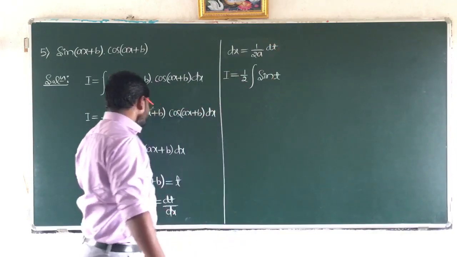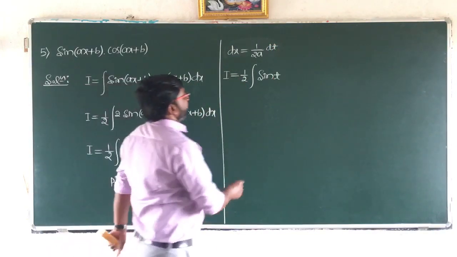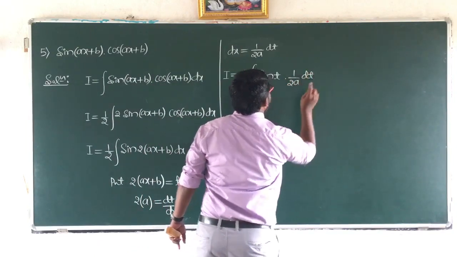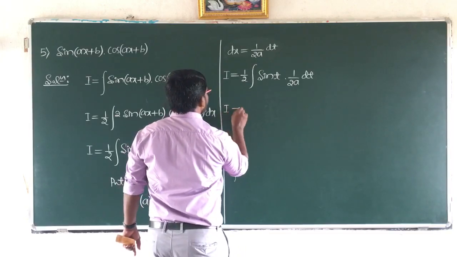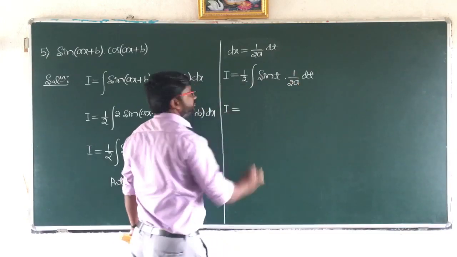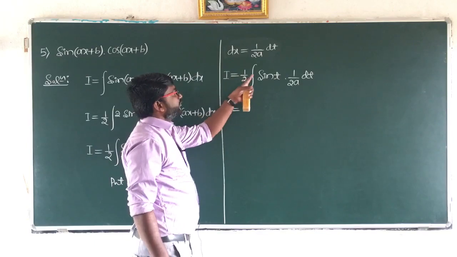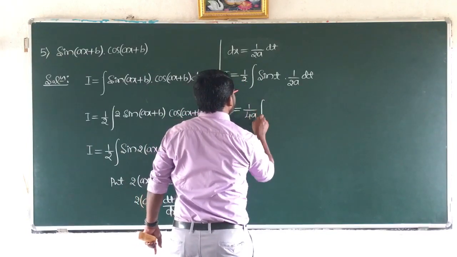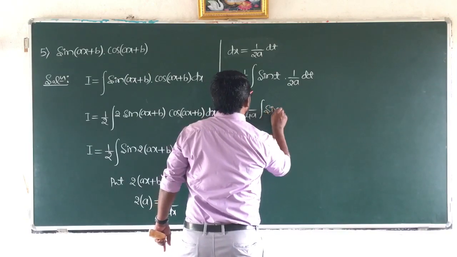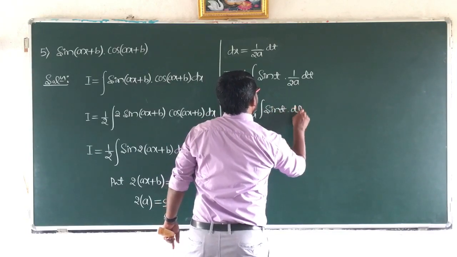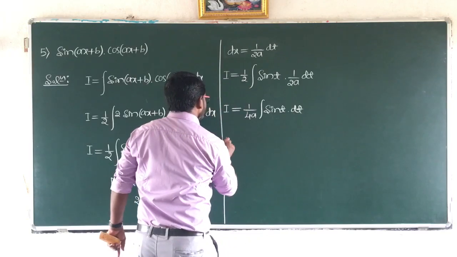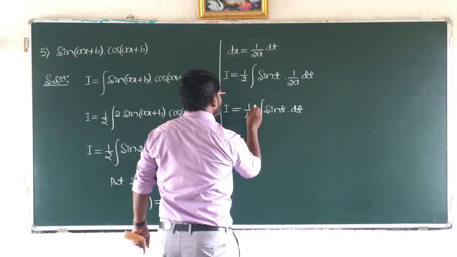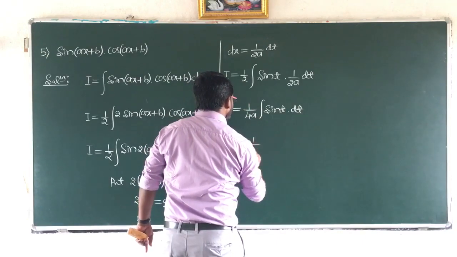So now let us replace dx now. It is 1 by 2a into dt. So I is equal to, take this 1 by 2a outside the integral. 1 by 2 into 1 by 2a can be written as 1 by 4a integral sin t into dt. What is the integral of sin t now? It is minus cos t. So we get minus 1 by 4a.